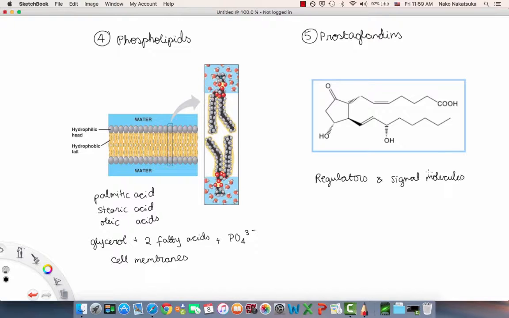Examples of where this molecule is very important is that it causes constriction or dilation in vascular and other smooth muscle cells. They also regulate aggregation and disaggregation of platelets. They also sensitize the spinal neurons to pain, which is very important, and they also regulate inflammatory mediation, calcium movement, as well as hormone control. And so prostaglandins play a very critical role in many biological functions.